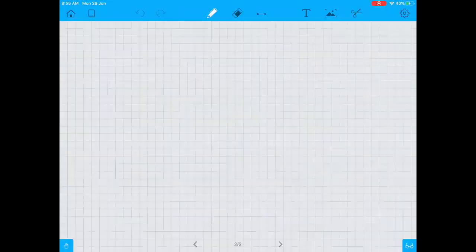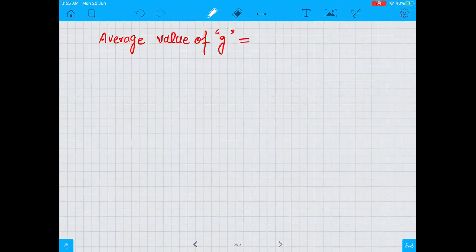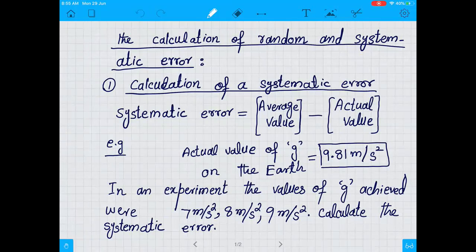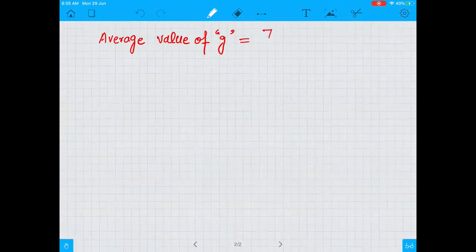Now the average value of G would be 7 plus 8 plus 9 over 3. So this would be 8 meter per second square. So the average value of G is 8 meter per second square.